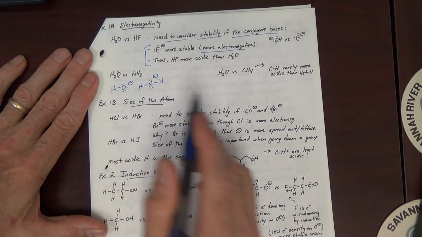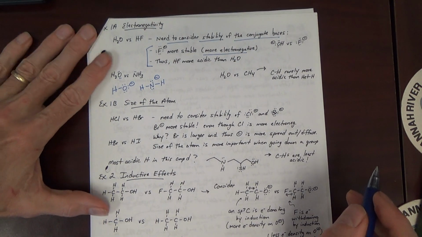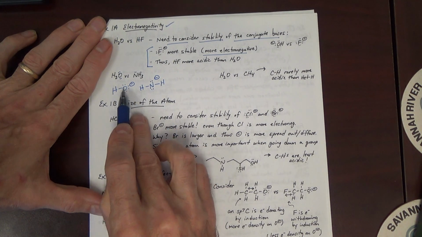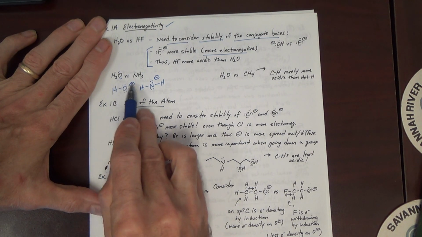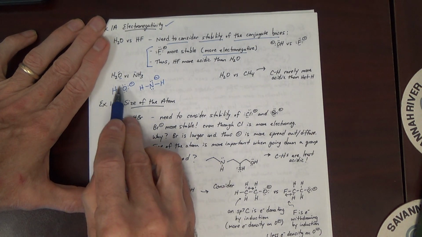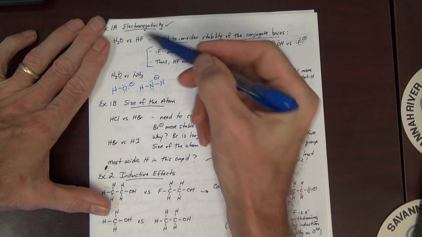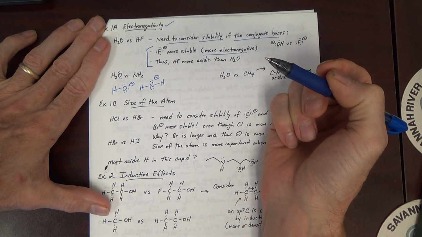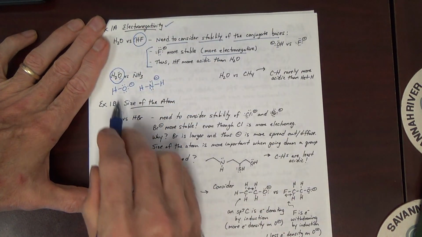And now we can ask which of these conjugate bases is more stable. Again, this is an example of electronegativity. Oxygen is more electronegative than nitrogen. Oxygen is more stable as an anion. It likes being an anion more than nitrogen does. Thus, water is more willing to act as an acid and become hydroxide compared to ammonia acting as an acid and becoming the NH2 anion. And so, in terms of most acidic, HF is the most acidic of those two, and water is most acidic of these two.